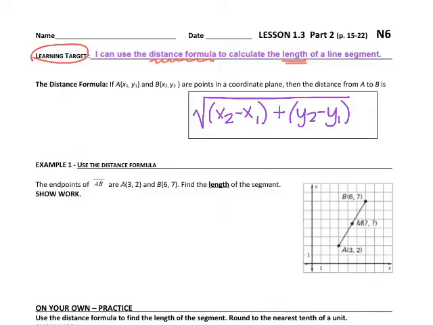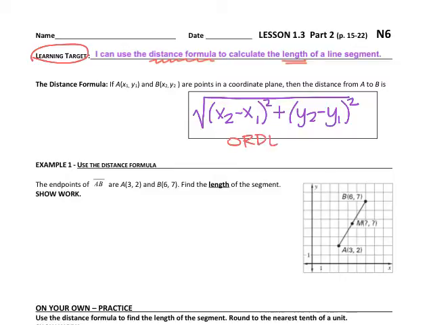In other words, you subtract the two x values and square them, subtract the y values and square those, then add them together, and then take the square root. So there's a lot of order of operations here.